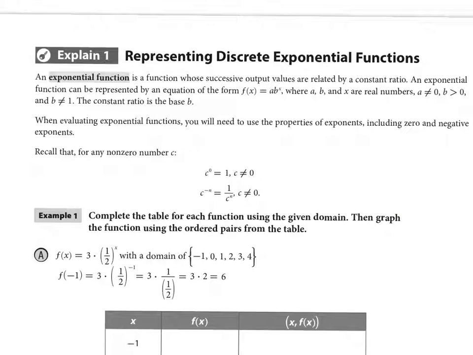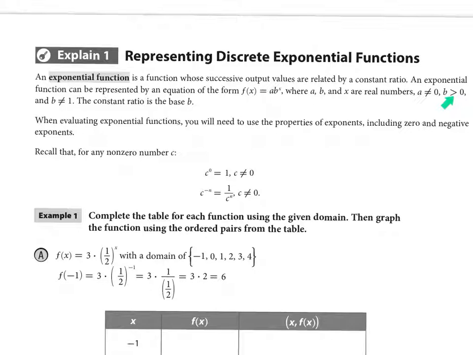So some things I want to point out here as far as an exponential function. Look at the form, a times b to the x power. Exponential functions means our variable is our exponent itself. A cannot be 0. If a were equal to 0, then this whole value would be equal to 0. Therefore, it would just be a constant function.